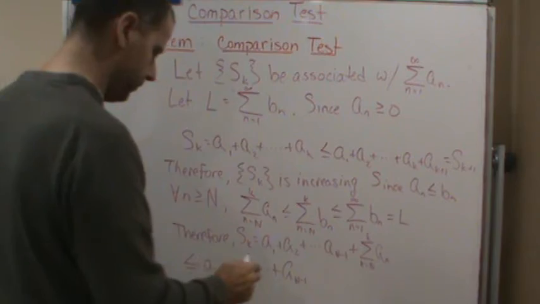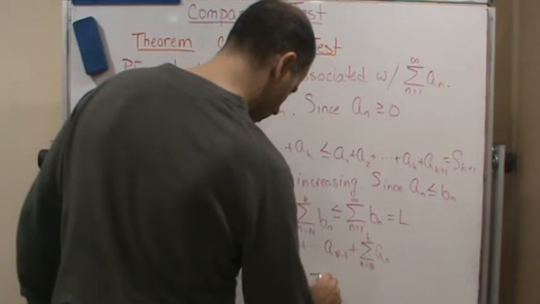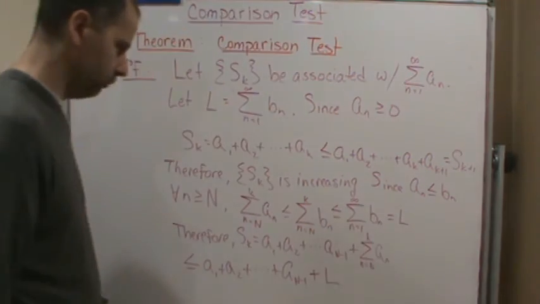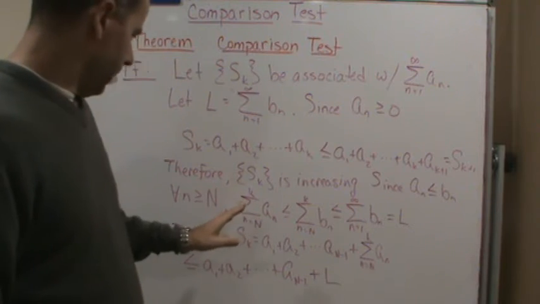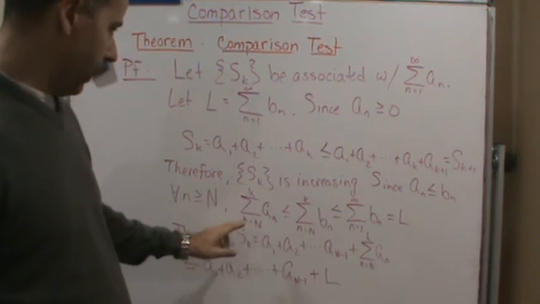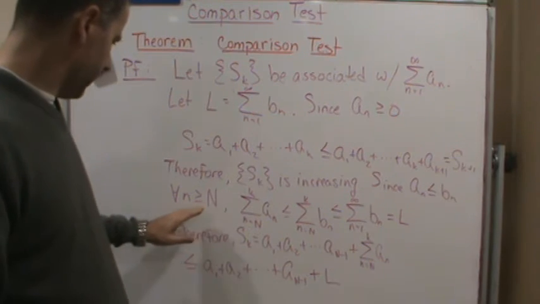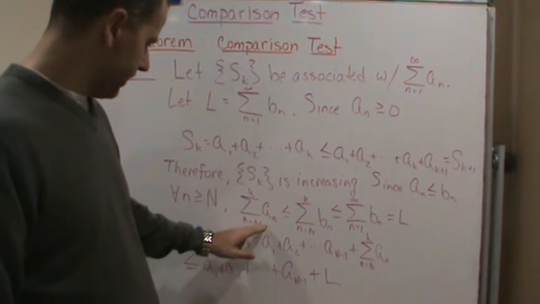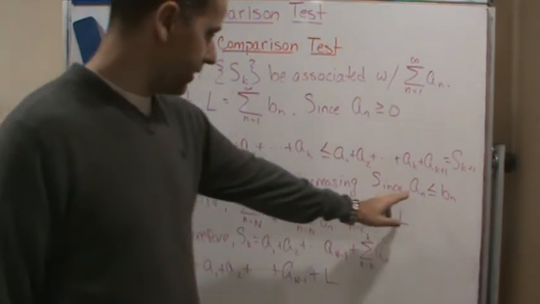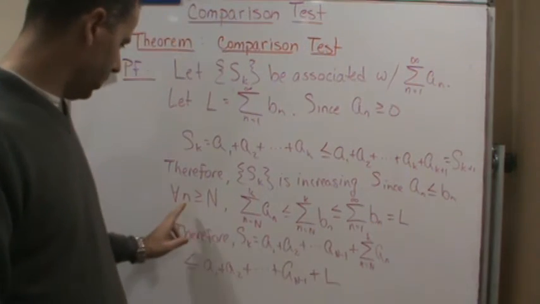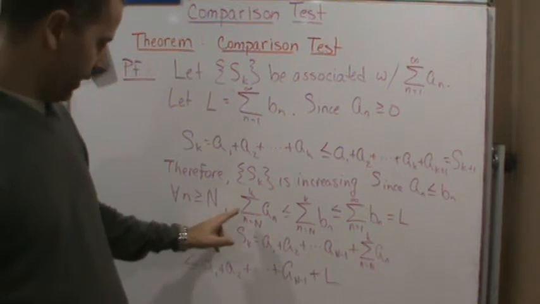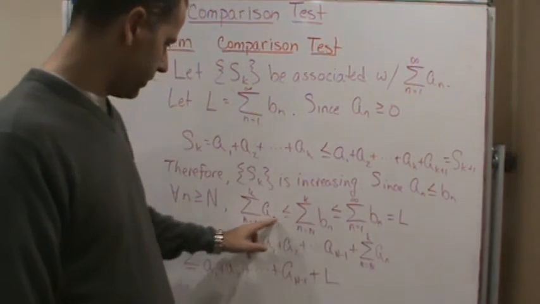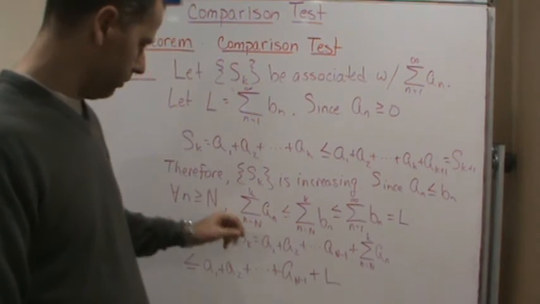Now, plus L. Right? Since this is true, and this comes from that, since a sub n is less than or equal to b sub n for all n greater than or equal to some positive integer, capital N, then this relationship must hold, right?